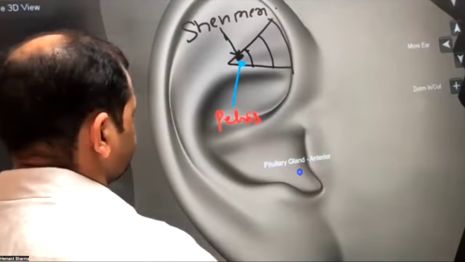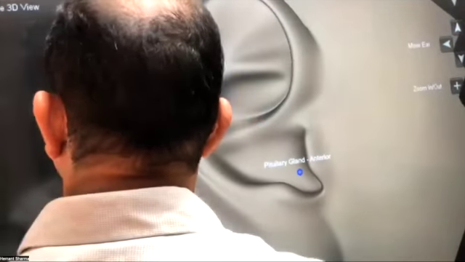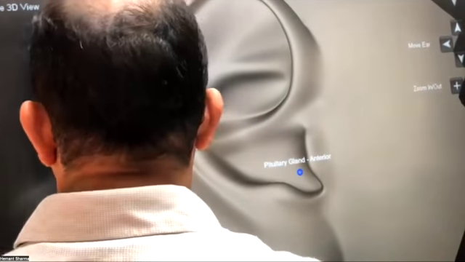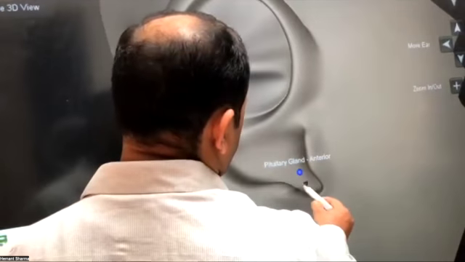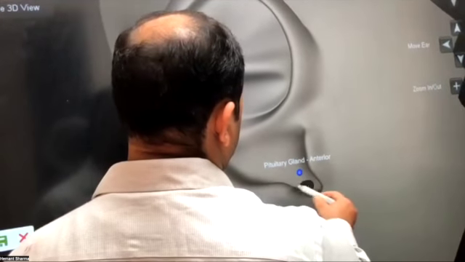Now, we have seen again and again the point which is called triple warmer. So this is the point of triple warmer.